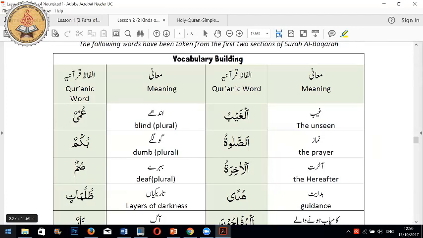This sheet is just facilitating you by giving some idea, but I think more than 20 times I have requested you to go back to the original text, to the copy of the Holy Quran, and find out.